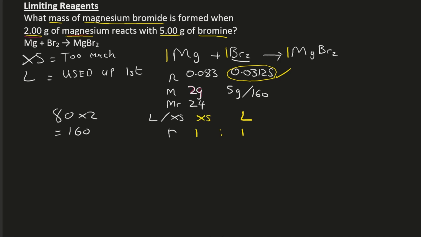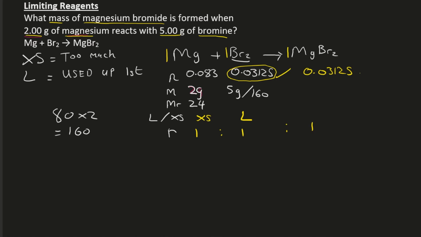So we're going to use this as our number of moles to then scale up for our magnesium bromide. So if I've got 0.03125 moles reacting of bromine here, I've therefore got 0.03125, because it's a 1-to-1 ratio of magnesium bromide.